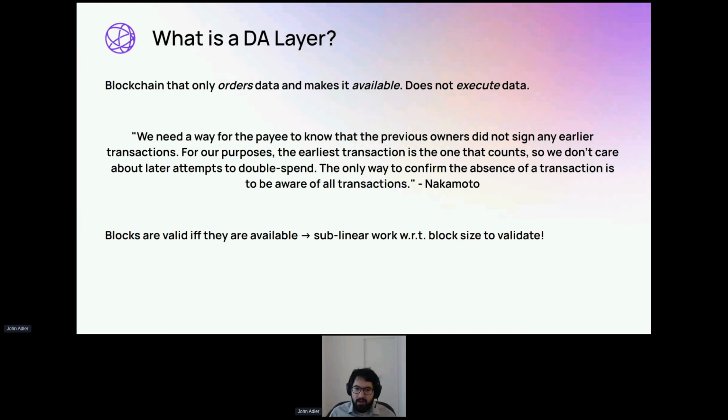So this is where Bitcoin's implementation is an artifact, the way people currently do blockchains, where they tie together execution and data availability into one layer, is an artifact of Bitcoin's implementation. But what Satoshi here describes is actually the minimum requirement to solve the double spending problem, which is you just need to know all the transactions, take the first one, ignore the rest. He describes it right here plainly.